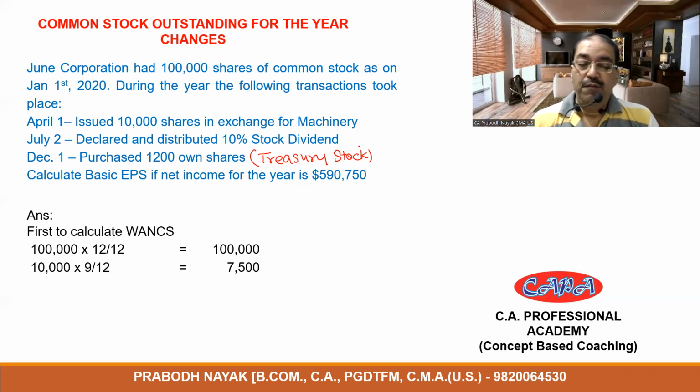So if I'm declaring 10% dividend on the first 100,000 shares, that comes to 10,000 shares. I will assume that those 10,000 shares are outstanding right from January 1st, because the original 100,000 shares were outstanding as on 1st January.